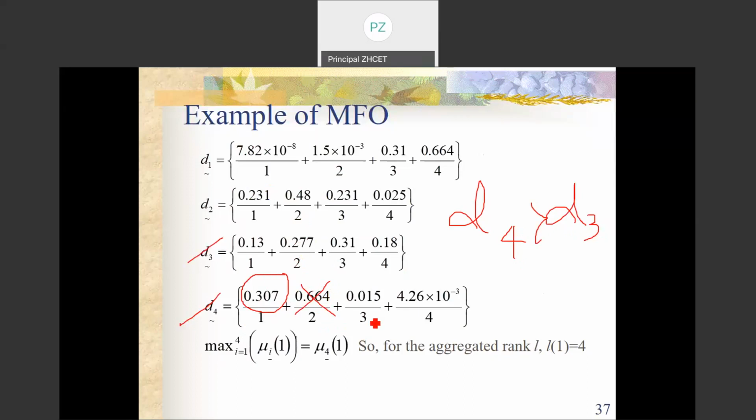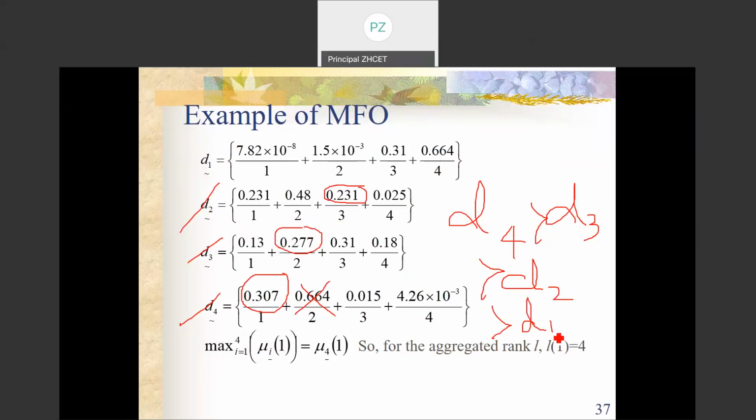Now coming to position 3, we see that amongst these two, D2 has the highest value. You see here this one, D2. So D1 also goes out of contention, and what is remaining, which in fact has the maximum value also at position 4, will be D1.